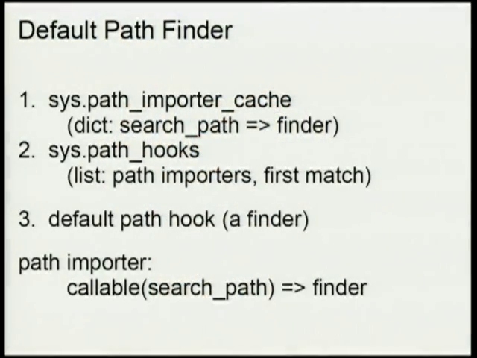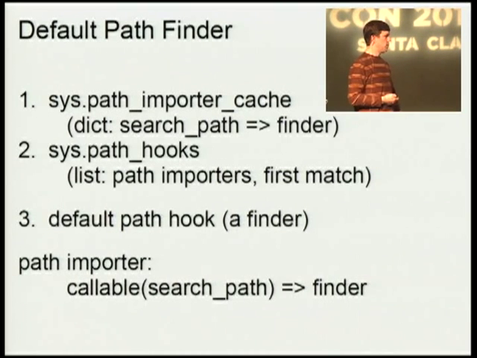It was one of the first applications of the import hooks from PEP 302. Okay, so this is the stuff I was just saying. These are the steps that we go through: check the importer cache, try the importers on the path hooks, and then default to the default path hook.